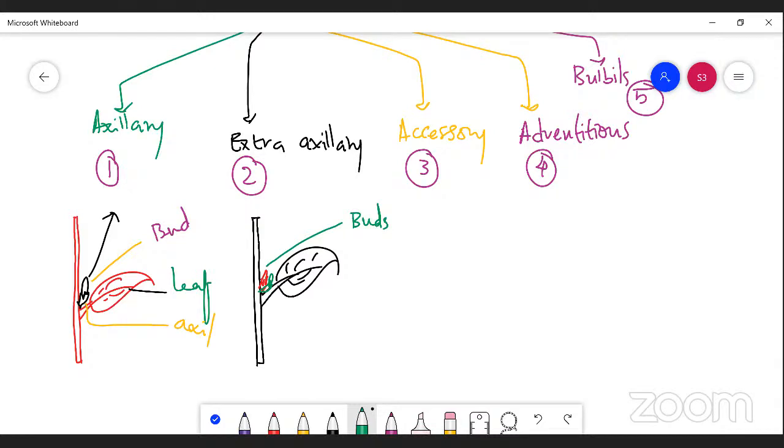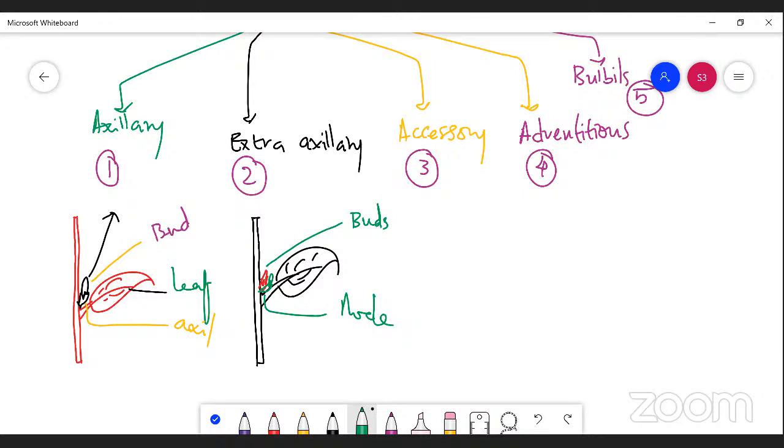Many buds are developed in the axil part on the region of the node. Node, as I mentioned, is an area on the stem on which the buds arise just from the leaf axil part, but exactly I can point out the nodal region. This is a node. As I mentioned, node is a part of the stem in which leaves are born just behind the leaf axil. More than one bud arises from the axil of the leaf.